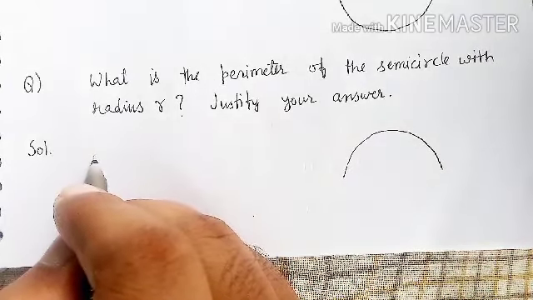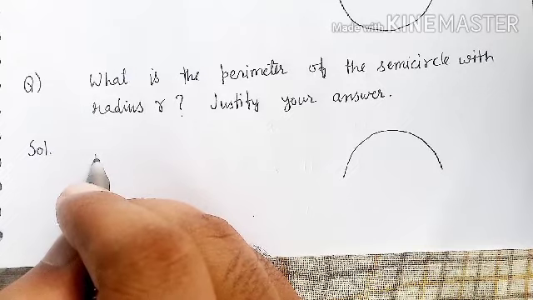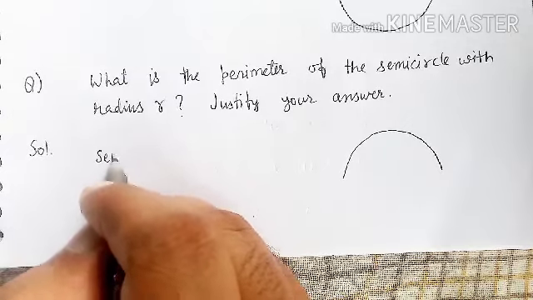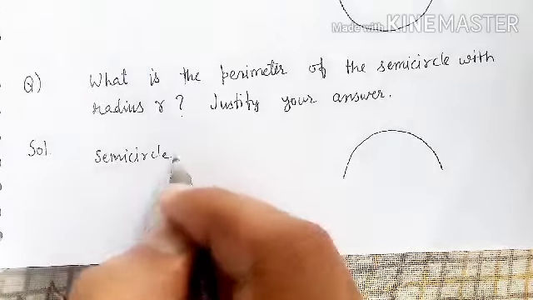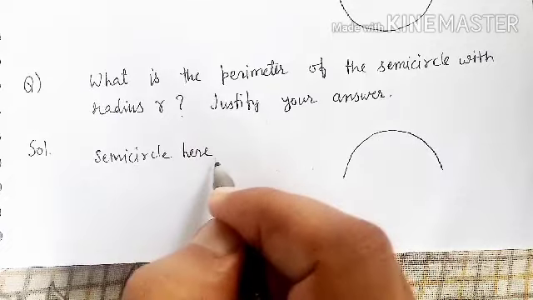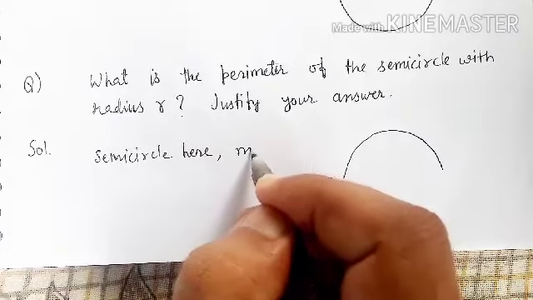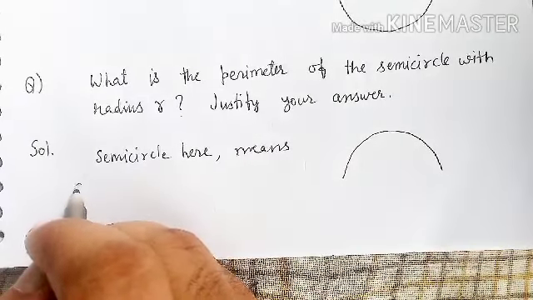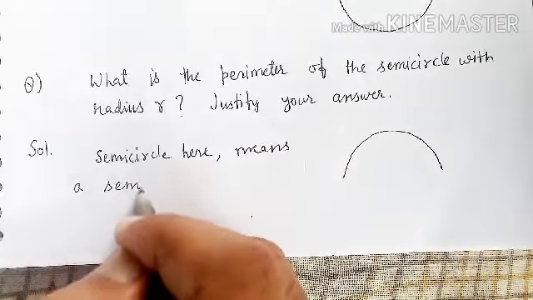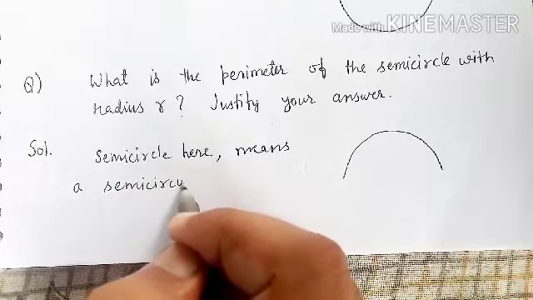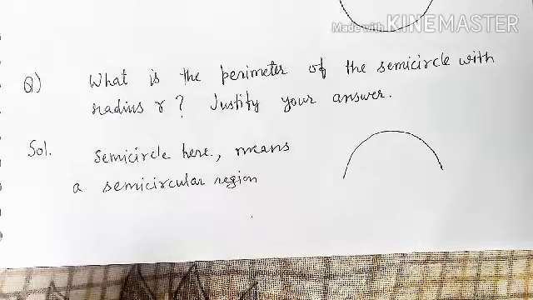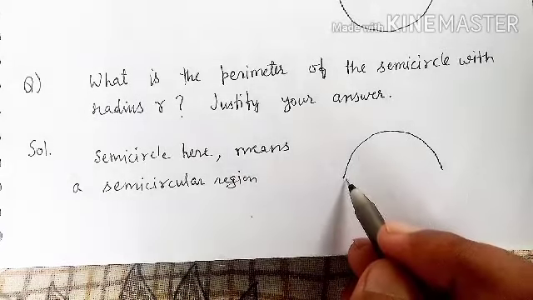We know that perimeter is the length of boundary. It means semicircle here means semicircular region. So it should be bounded.